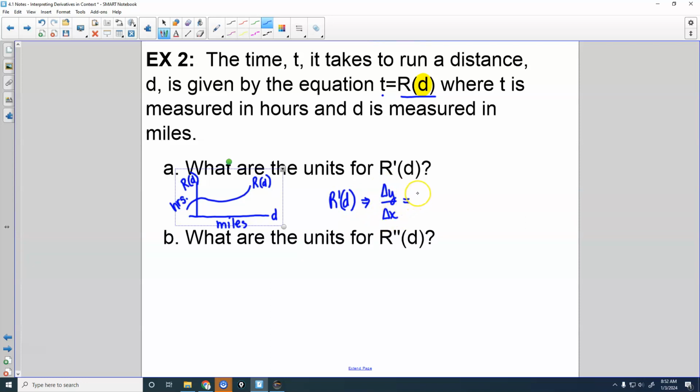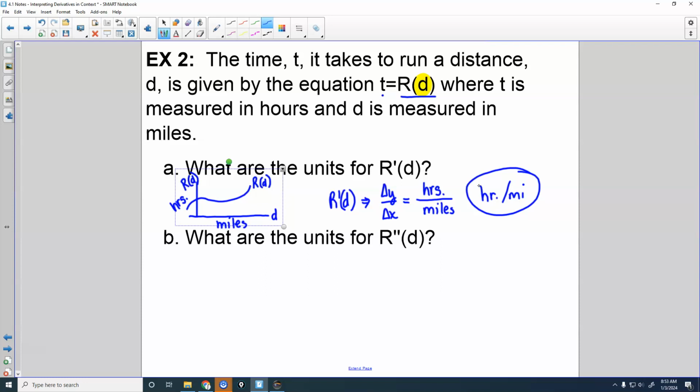And what did we use to measure our y-axis? Hours. And for our x-axis, we have miles. So we're talking about hours per mile, which seems so backwards, right?